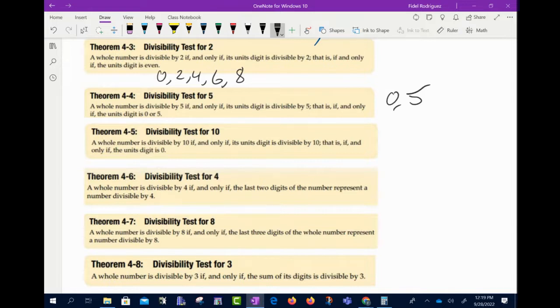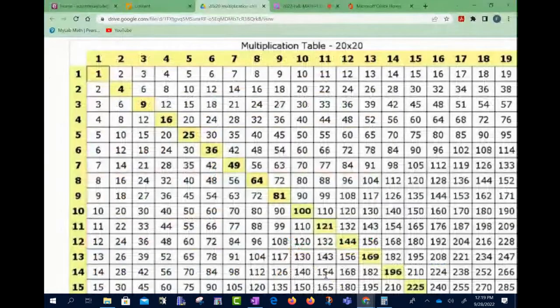How do I know if a number is divisible by 10? The unit's digit is 0. It has to end in a 0. Okay, so again, one thing I want to point out here, y'all, I was talking about my multiplication table. I'm going to come back and click on my multiplication table because I want to show you guys something. Look at the multiples of 2: 2, 4, 6, 8, 0.